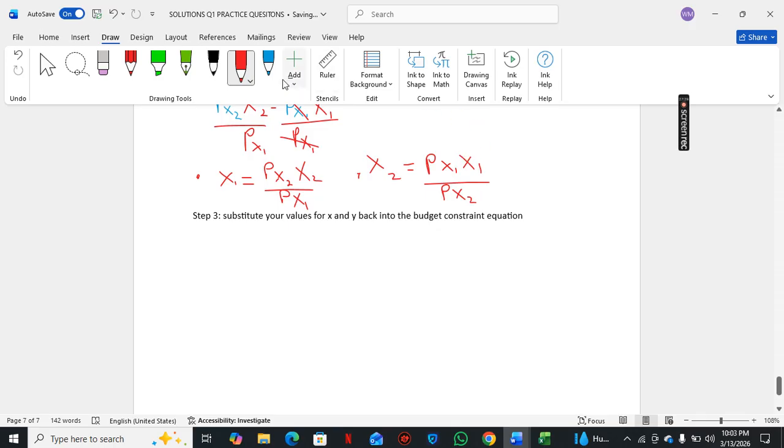Remember, our budget constraint equation was I equals PX1 X1 plus PX2 X2.